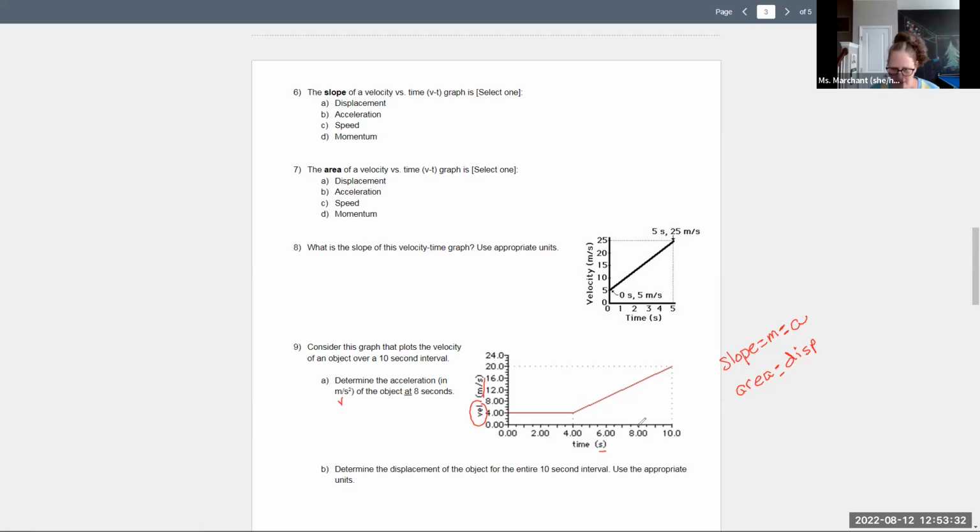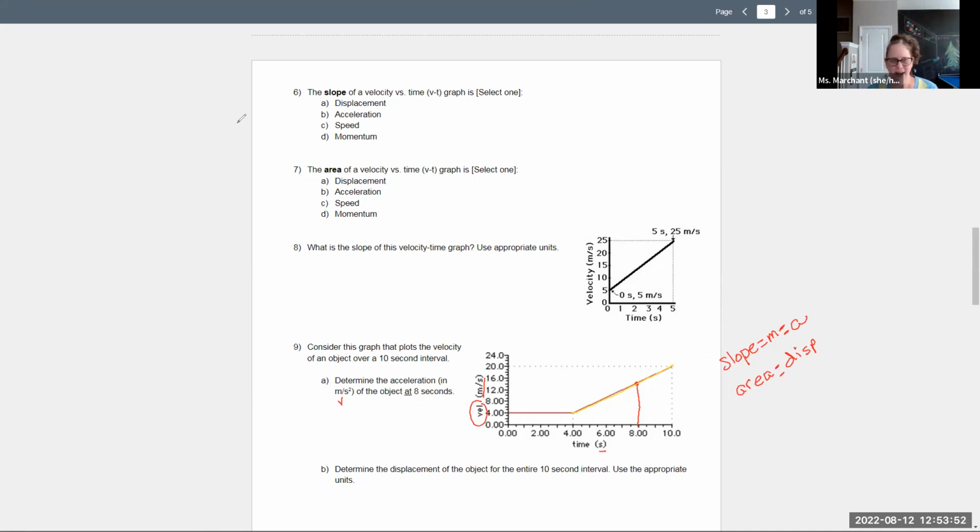At 8 seconds, right here, a lot of people want to read that off the graph. What's that off the graph? Velocity. So you're not going to read it off the graph. What you actually need to do is find it from the slope of the line, and don't take it at the instant.